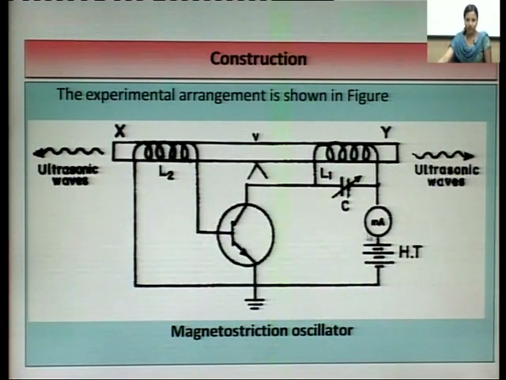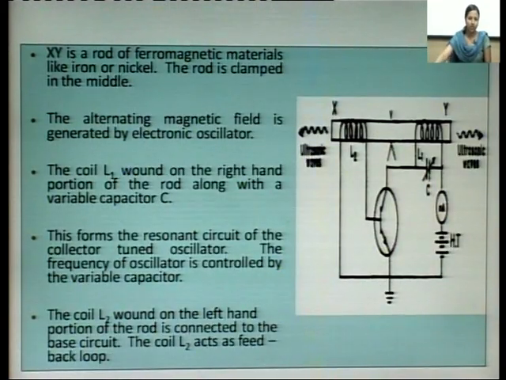When we apply a high tension battery or electric field, due to induction it produces a magnetic field. With this magnetic field, the rod starts vibrating, and with this vibration it produces ultrasonic waves. This is a picture of the magnetostriction oscillator and how it works, and we can study it in detail.